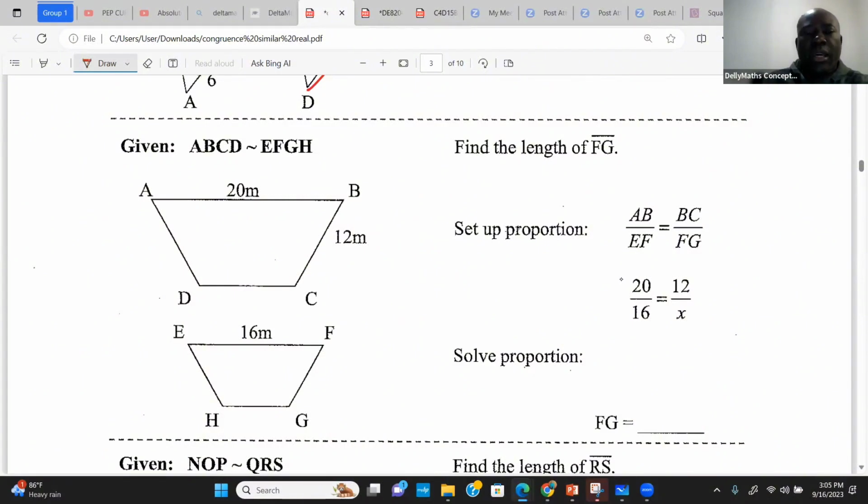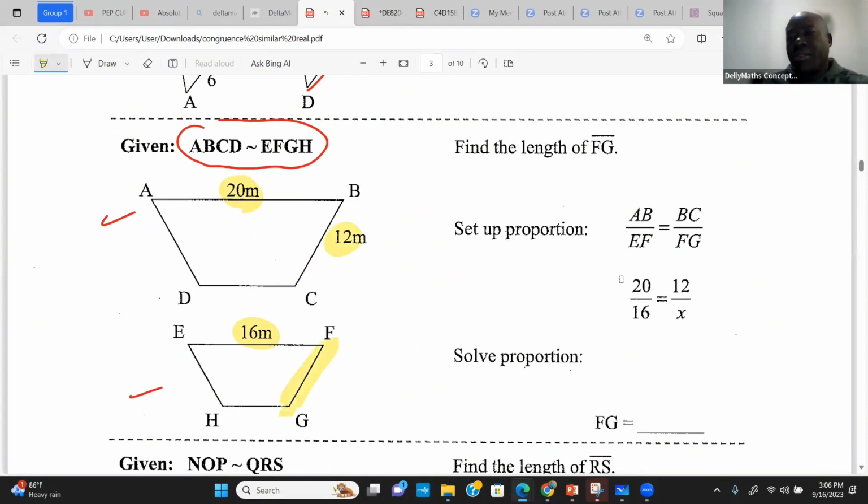For example, if I'm given the fact that there are two similar shapes here, so we're seeing this, we're seeing that. We're also noticing that we got two corresponding sides, like we got this, we got this. They are corresponding lengths, right? And then I'm given this length BC, and then I'm asked to find the corresponding side for it.